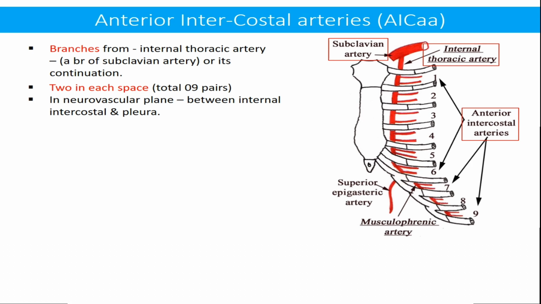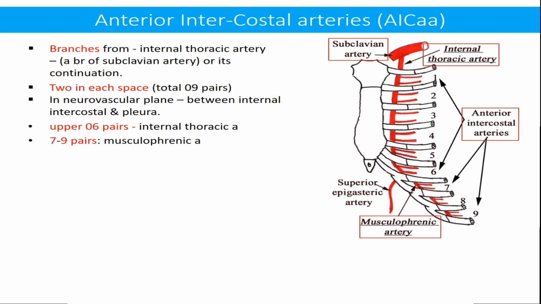These arteries travel in the neurovascular plane that lies between internal intercostal and pleura. Upper 6 pairs originate from the internal thoracic artery, whereas the 7th, 8th and 9th pairs originate from the musculophrenic artery.